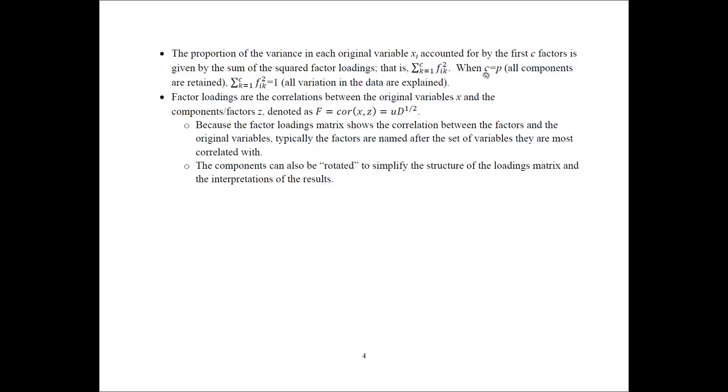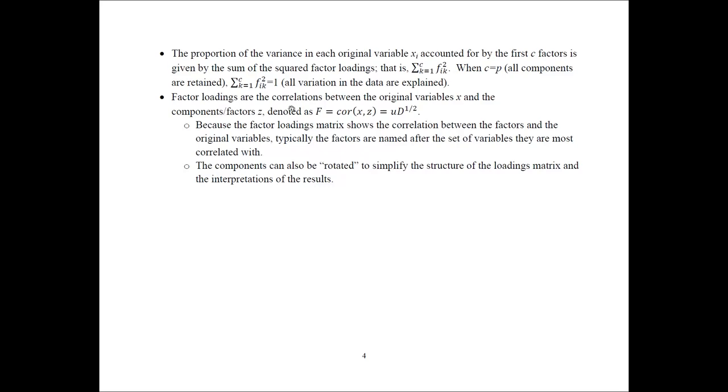And so when all of the components are retained, so c, the number of factors, equals p, the number of original variables, then the summation of the squared factor loadings would be equal to 1, or all the variation in the data is explained. And that intuitively makes sense, because if you have 13 variables, you can summarize absolutely all of the variation in this data with 13 components. So that would always be a true statement here.